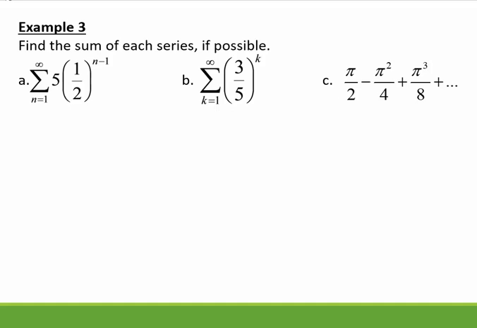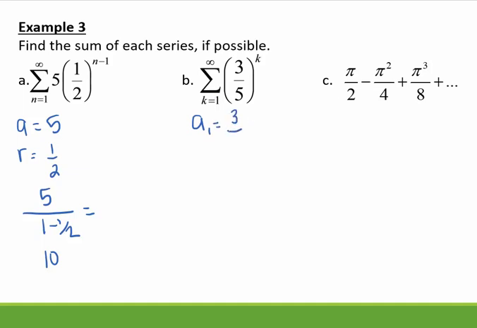Okay. First example here, A. Find the sum of the series. I know it's geometric because I have n-1 in my exponent. So my first term is equal to 5. My common ratio is 1/2. So I have first term over 1 minus 1/2. That all simplifies to be 10. Here, my first term, if I plug in 1, is 3/5.